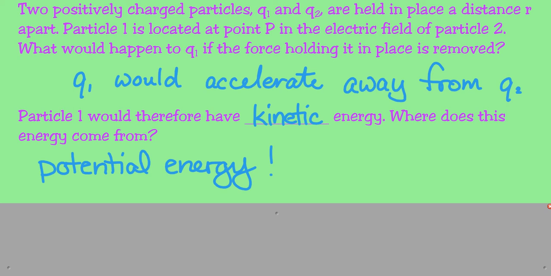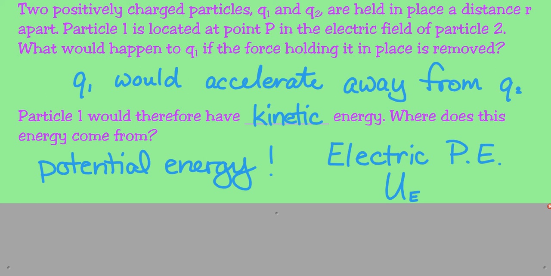Now remember that we have learned in the past potential energy comes based on an object's position or based on some sort of deformation. In this case, it would be based on a position within an electric field. So we have a special name for that. We call that electric potential energy. An electric potential energy uses the symbol U sub E.